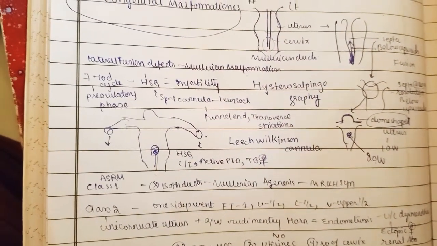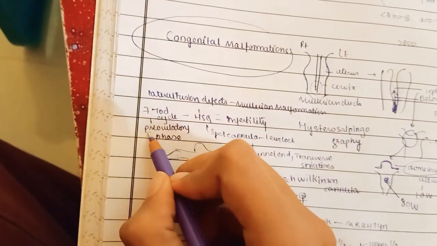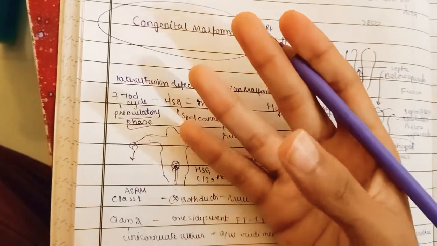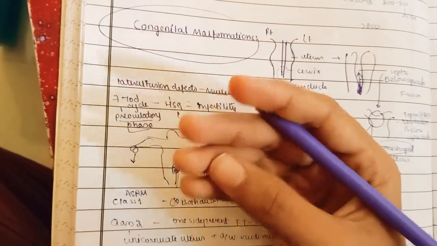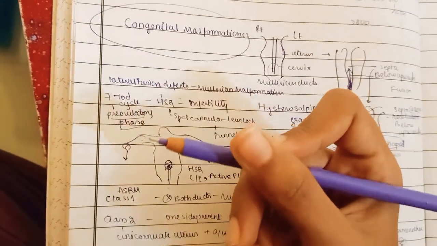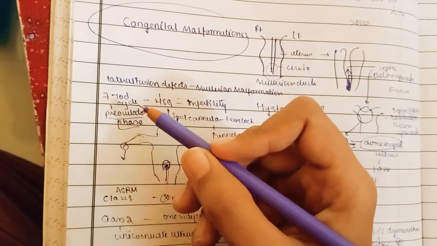Okay. And the time when you do this test is especially the pre-ovulatory phase, because when you do in ovulatory phase, if a female by mistake becomes pregnant, then that will lead to abortion. So to prevent that, always we want to do it in a reproductive female in a pre-ovulatory phase, that is from day 7 to day 10 of menstrual cycle.